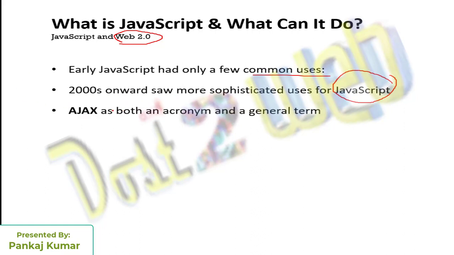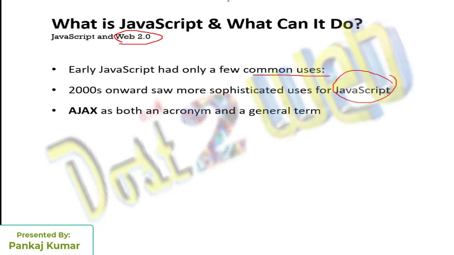Then Ajax also came. This is the acronym and general term for Ajax. Ajax also helped JavaScript, and it gives you web development techniques that use the client side to create asynchronous web applications.